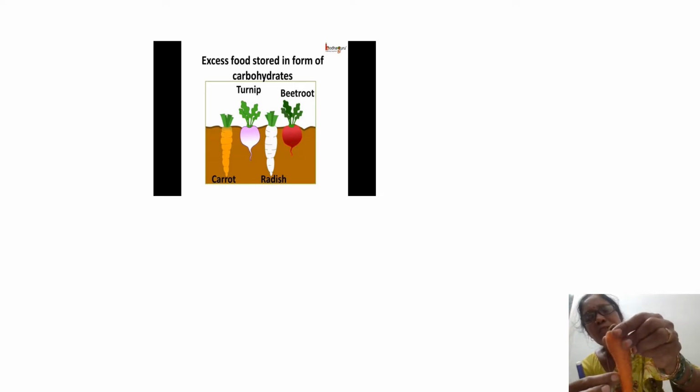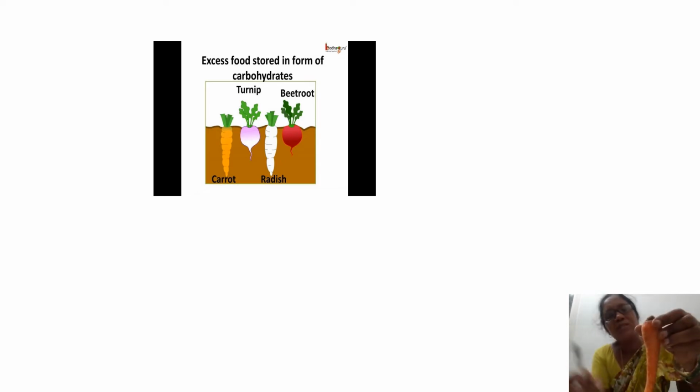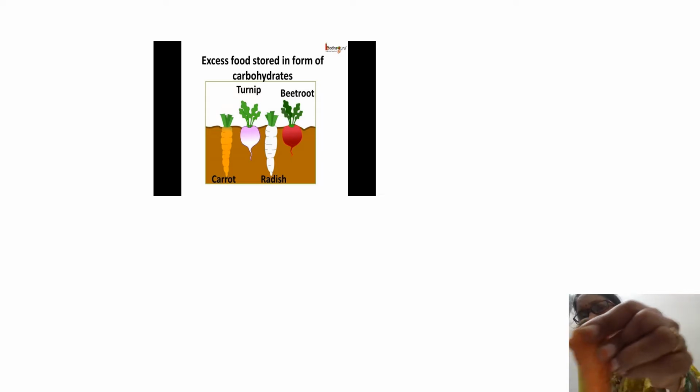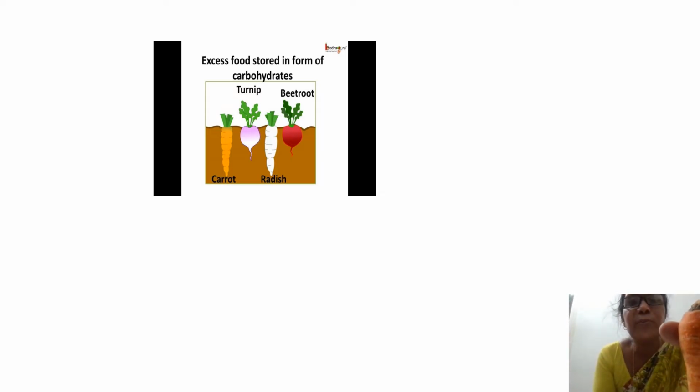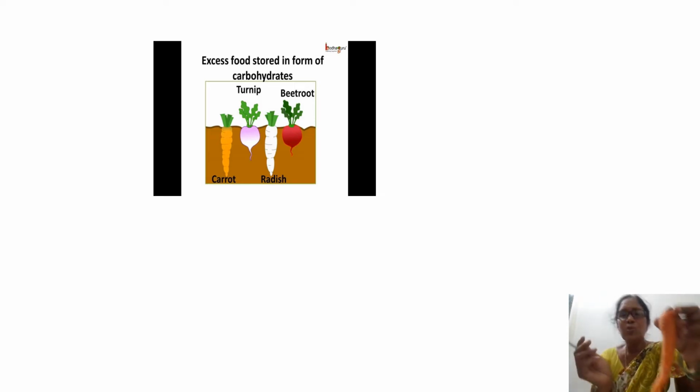This is the taproot system. This is the main root. See, small roots, lateral roots are there. This is the lateral root. This is the main root, the taproot. Here also, these are lateral roots. So how is this root?